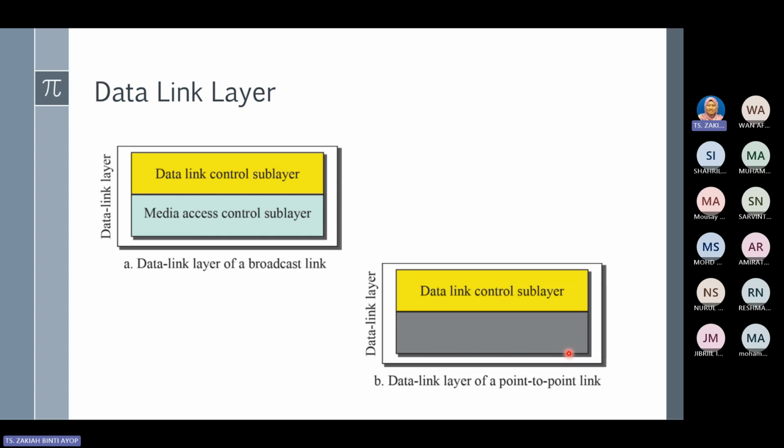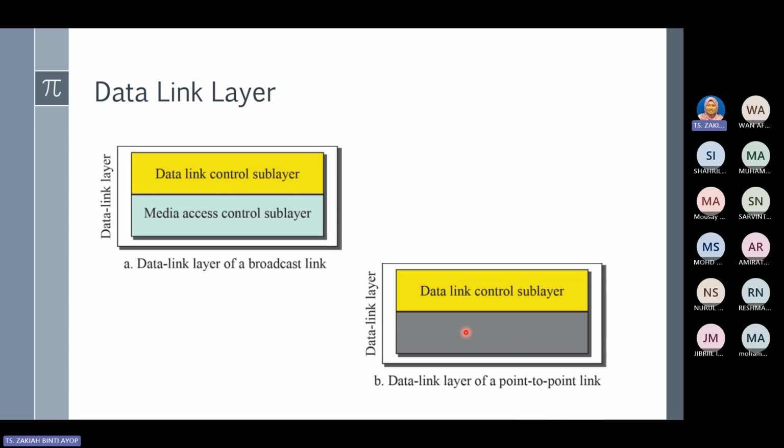We can have two options. The first is to let the data link layer of the receiver drop the frames when the buffer is full. Let's say the buffer is full at the receiver and they cannot process the frames because of the speed of the sender, so they would drop them.